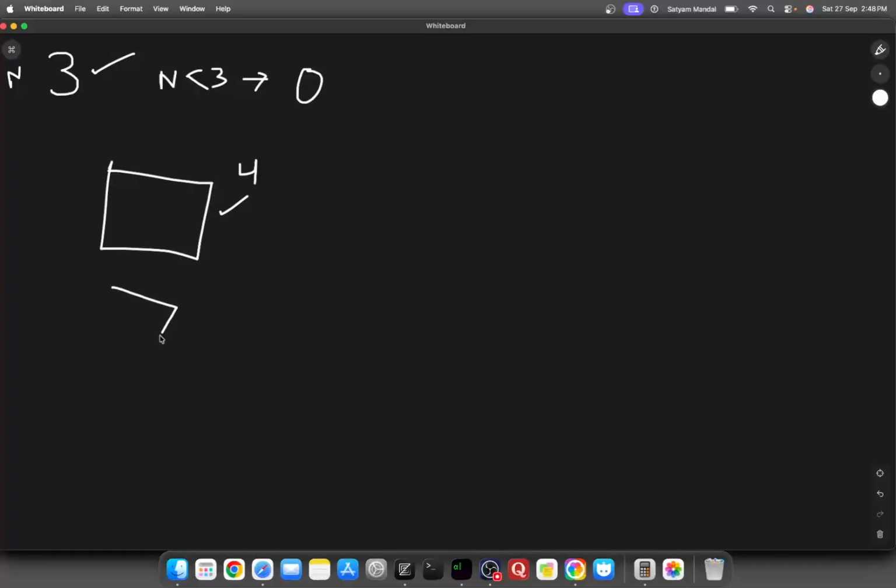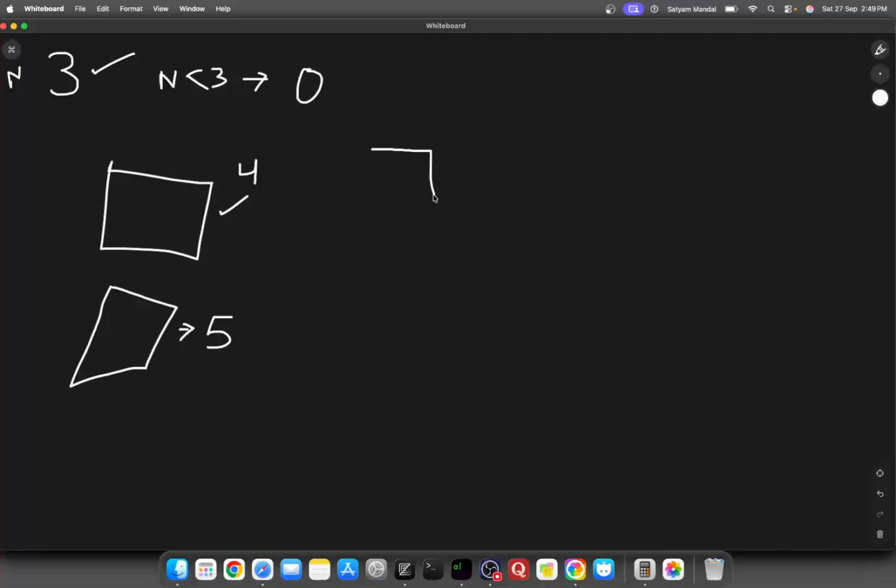Let's suppose I have 5 sides like this. Still I can't create any child polygon which doesn't overlap its sides with the parent polygon's sides. So in that case our answer is 5.